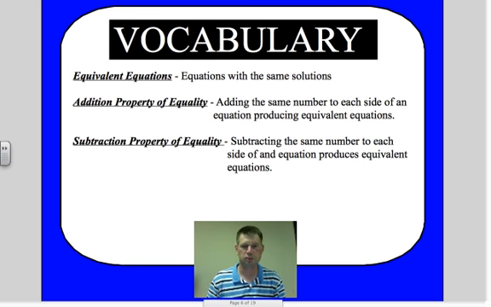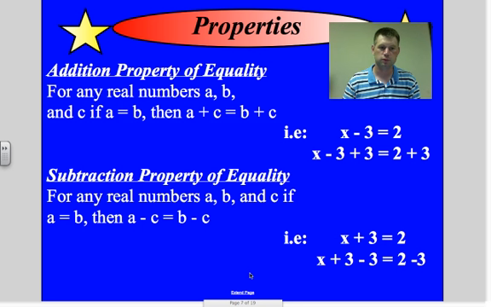Okay, then we have the subtraction property of equality, which is subtracting the same number from each side of the equation, producing equivalent equations. So really it's just the same thing. There's the addition property again, and then we have the subtraction property, which all it's saying again is that we have some real numbers a, b, and c. If a equals b, then a minus c is also equivalent to b minus c.